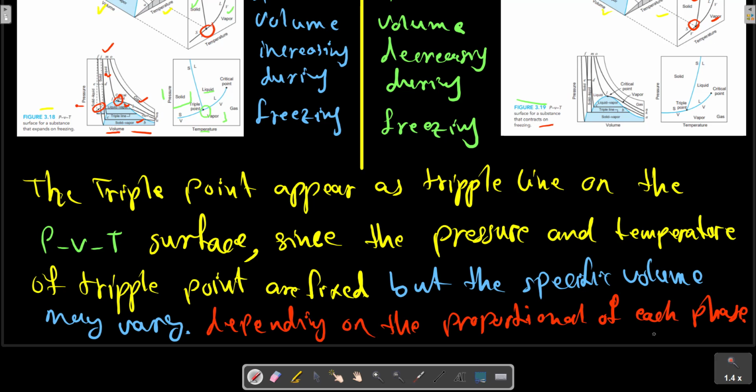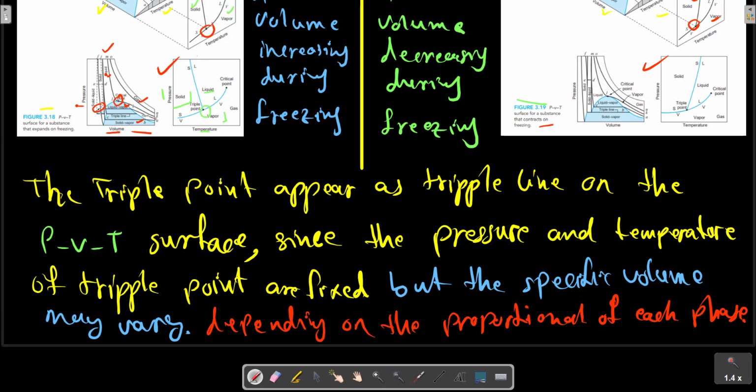It is also of interest to note the pressure-temperature and pressure-volume projections of these surfaces. We have already considered the pressure-temperature diagram in this picture, and also we have the picture here for the material that expands on freezing.